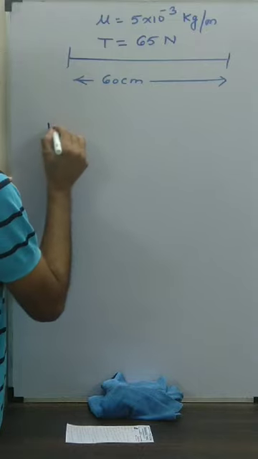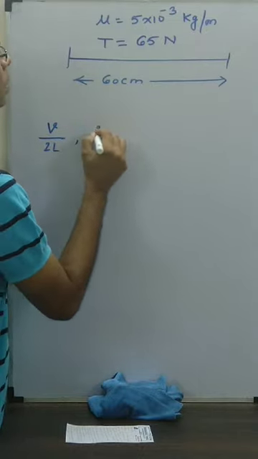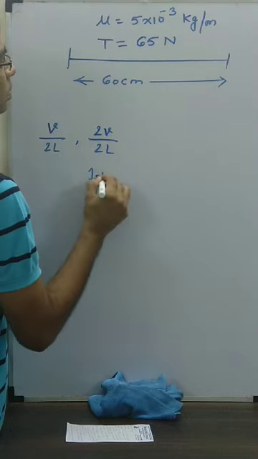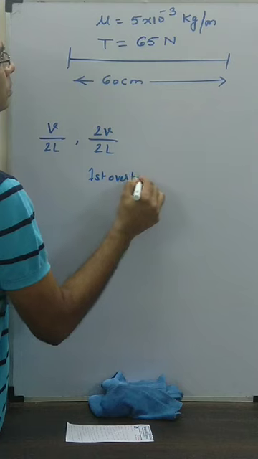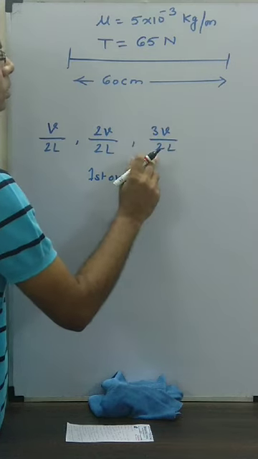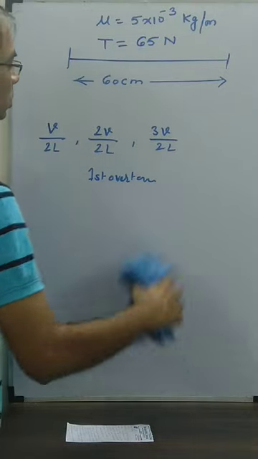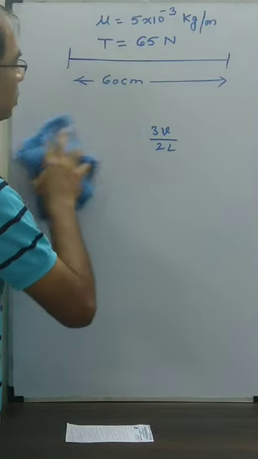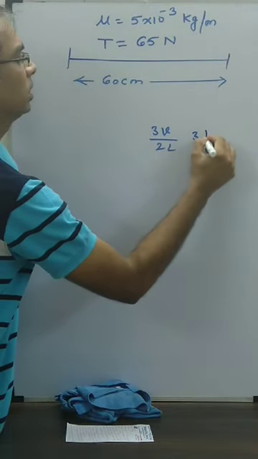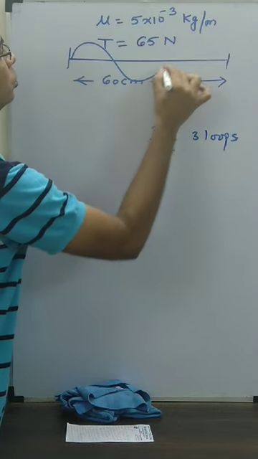I am just writing v by 2L fundamental tone, 2v by 2L second harmonic first overtone, 3v by 2L third harmonic second overtone. So he is talking about this. 3v by 2L means 3 loops. Now 3 loops means 1, 2, 3.